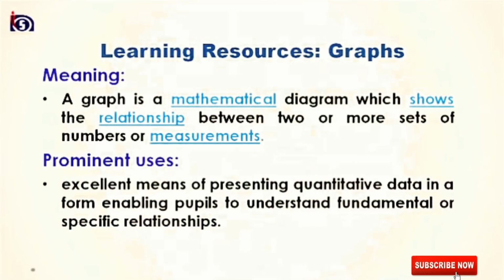The prominent uses of the graph are: graphs are excellent means of presenting quantitative data and enabling pupils to understand fundamentals or specific relationships. Through graphs, we can easily communicate the relationship between two sets of measurement to our pupils, all the learners.